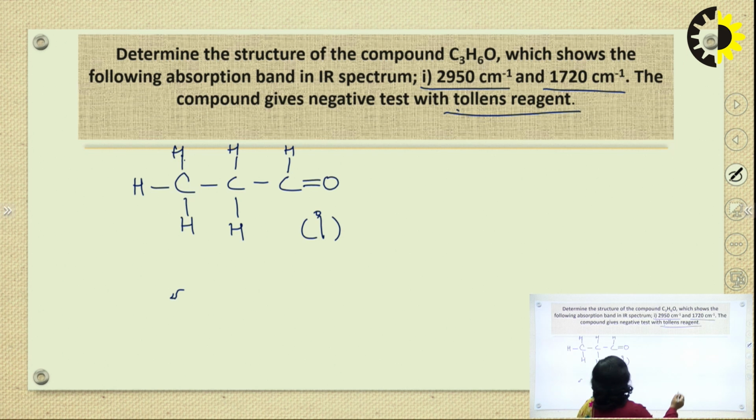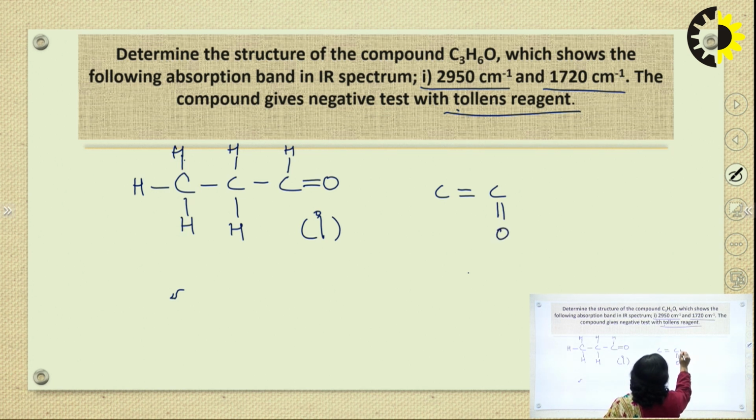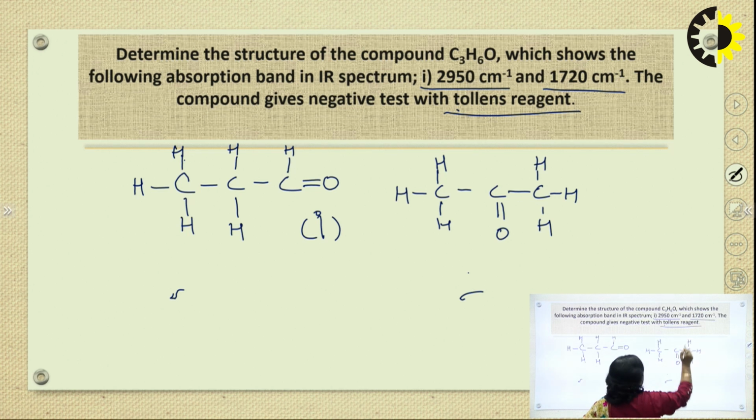Another possible structure: I put the carbon-oxygen double bond in the center and put the rest of the hydrogens. So, for the formula C3H6O, only two structural isomers are possible.